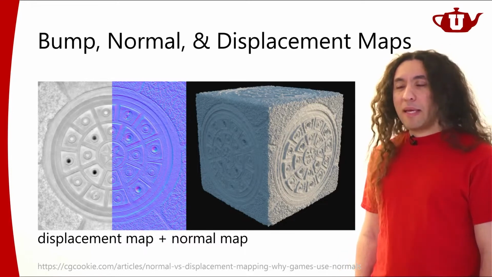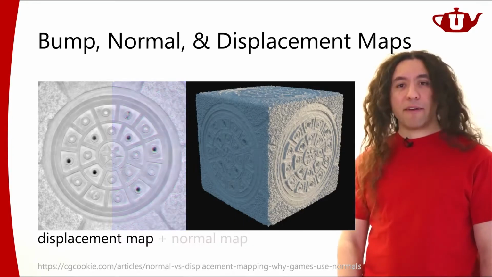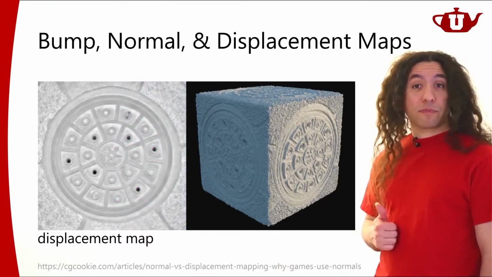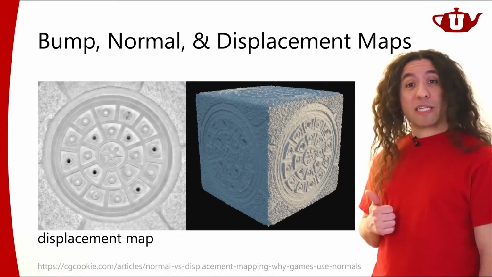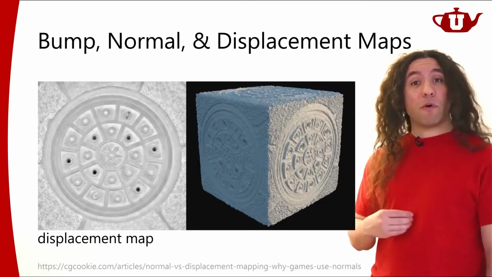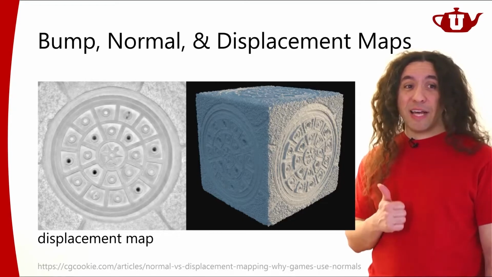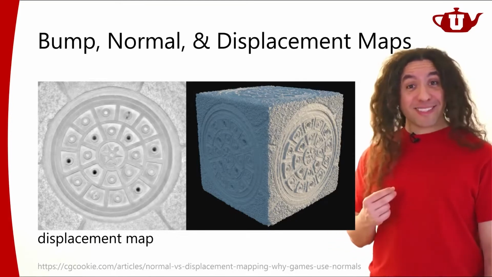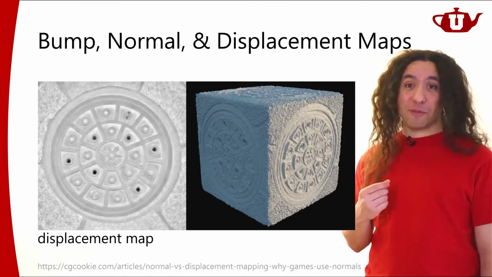Now, let me clarify one point here. You can definitely use displacement maps on their own. But if you're going to do that, you need to apply the displacement maps before rendering. You need to generate this high resolution model, apply the displacement map, compute the surface normals, and then you can render them. Yes, you can definitely do that.